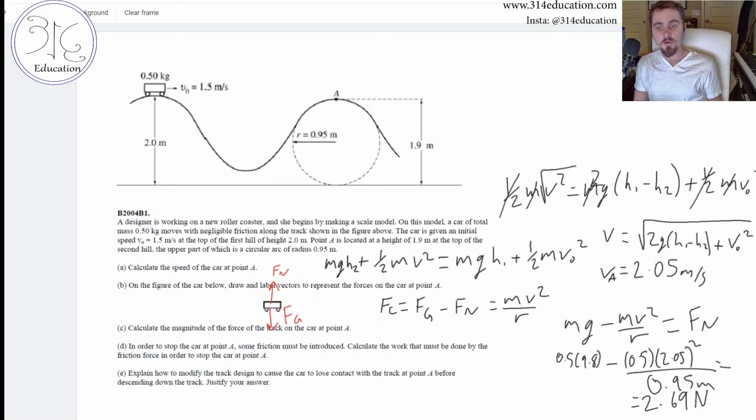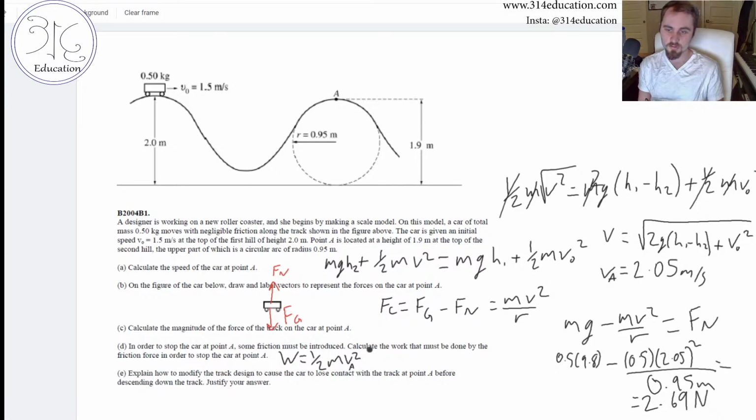Part D, in order to stop the car at point A, some friction must be introduced. Calculate the work that must be done by the friction force in order to stop the car at point A. Well, that's just going to equal the kinetic energy at point A, which we can calculate. The work that must be done to stop it has to be equal to this kinetic energy at A, because we need to bring that kinetic energy to 0 for it to come to rest.